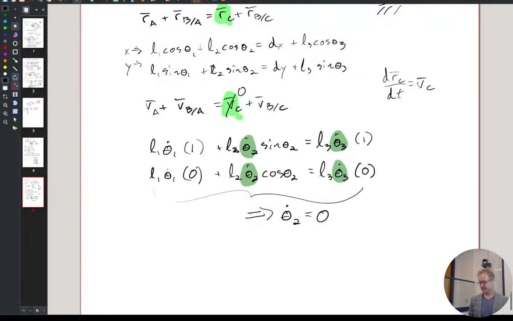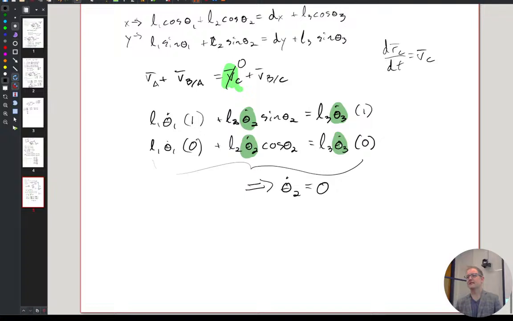But what does that tell you about theta 1 dot, theta 3 dot? Yep, that one's 10. Is theta 3 dot going to be bigger or smaller than theta 1 dot?